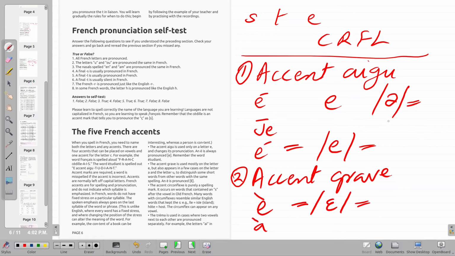So some examples. If you look at a word like étudiant, which means student, this exemplifies some of the things we have learned.